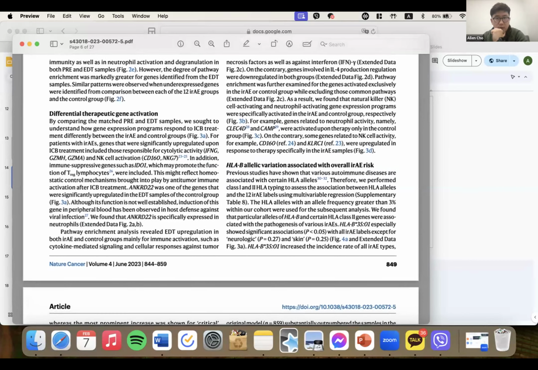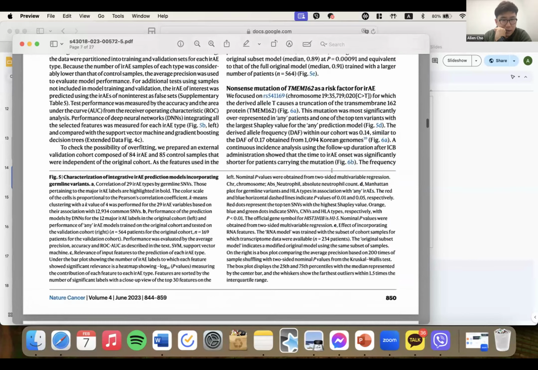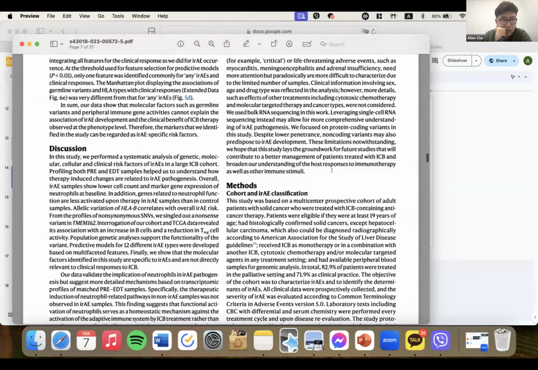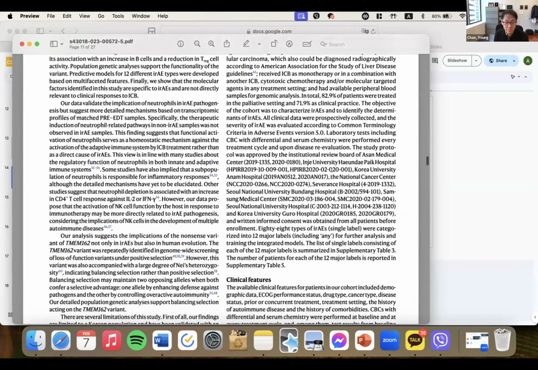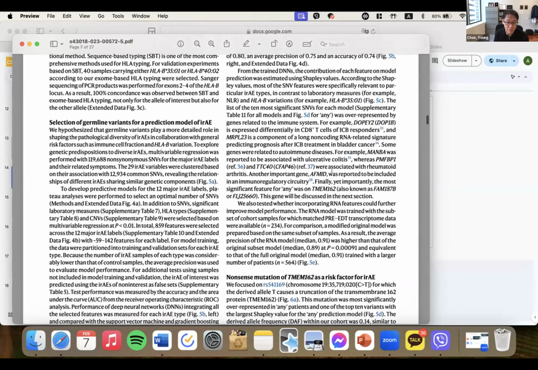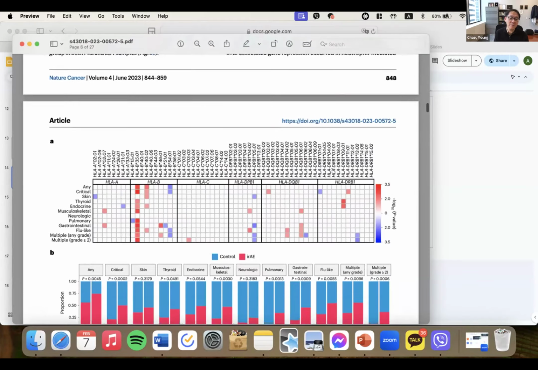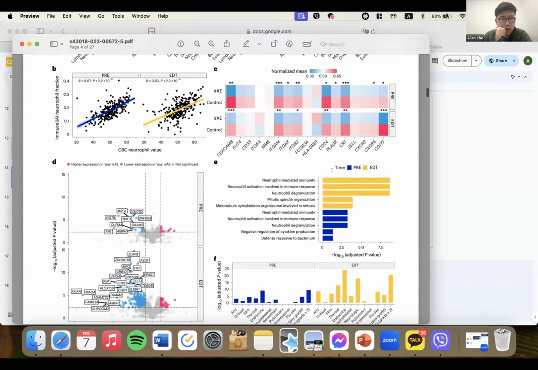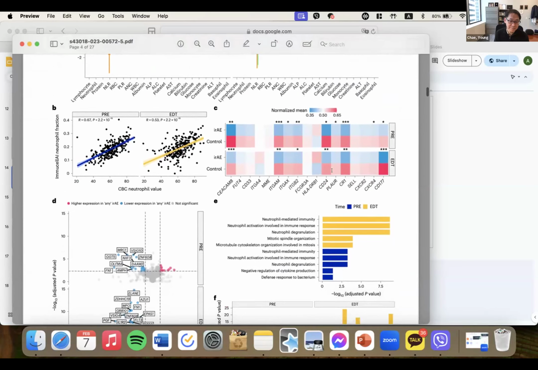Maybe I had understood it a bit wrong. So maybe go back to that graph, the baseline and early treatment. Yeah, this one.